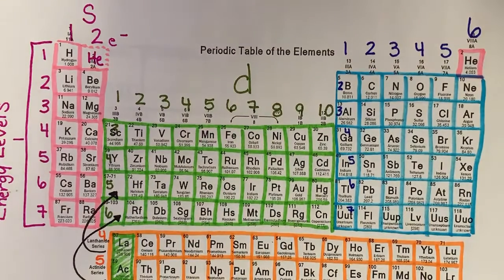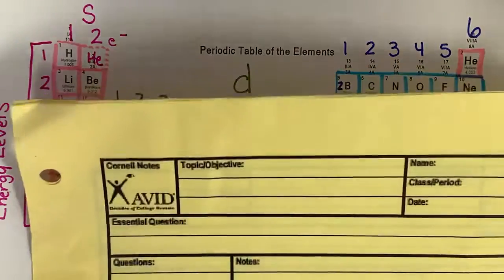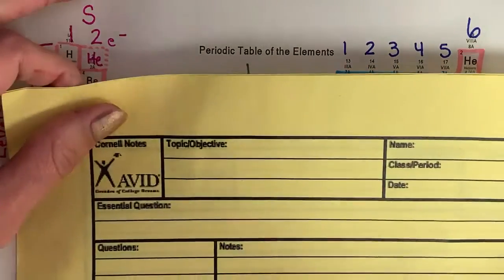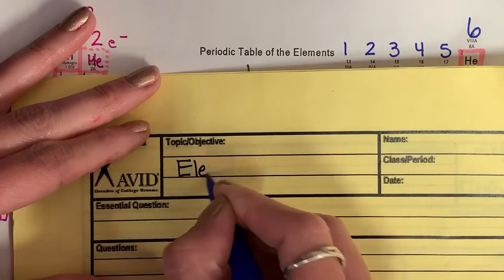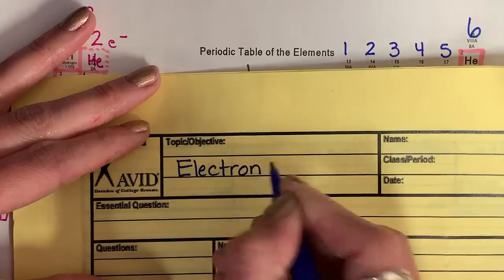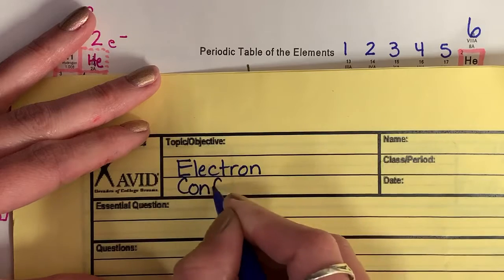In our last video, we colored a periodic table that looked like this, and we said that we were going to be able to use this periodic table to help us figure out electron configuration. In this video, that's what we're going to do. So we are going to be learning about electron configuration.